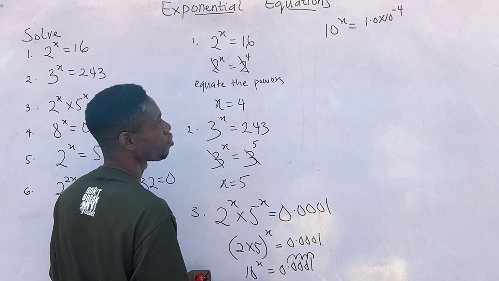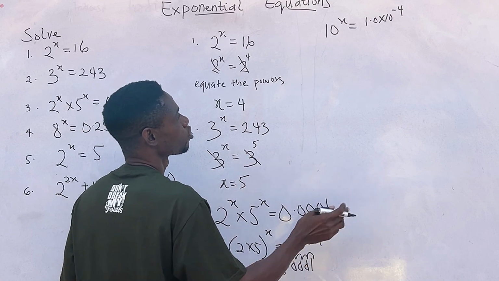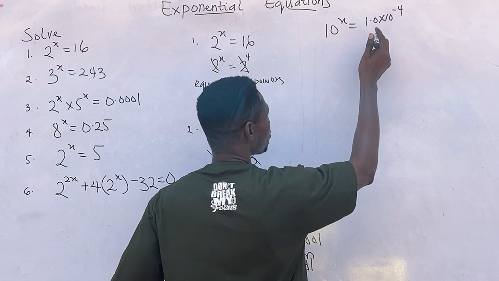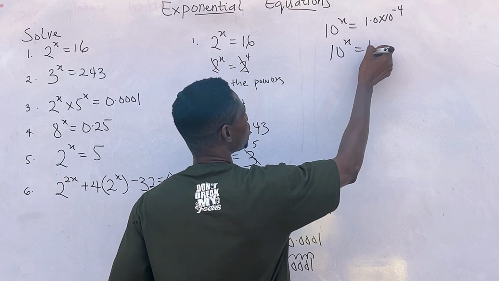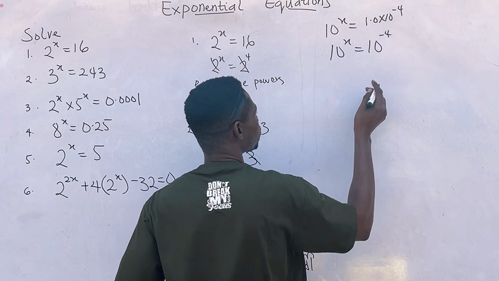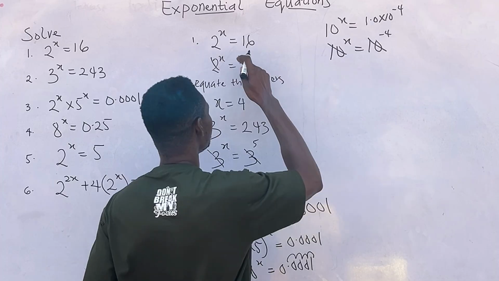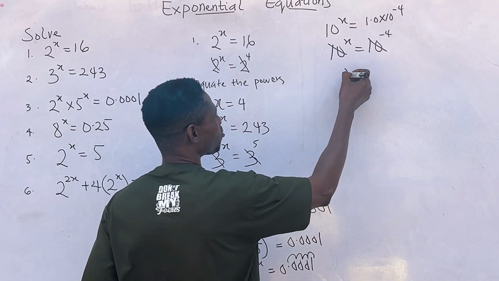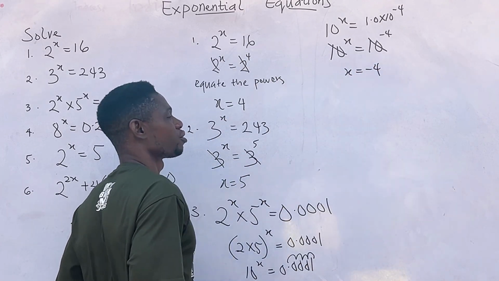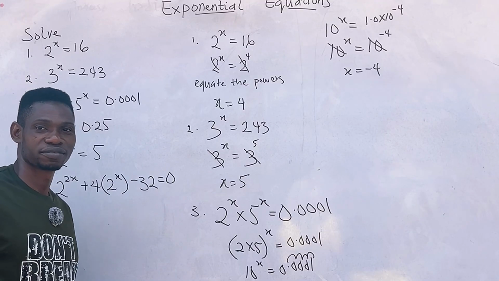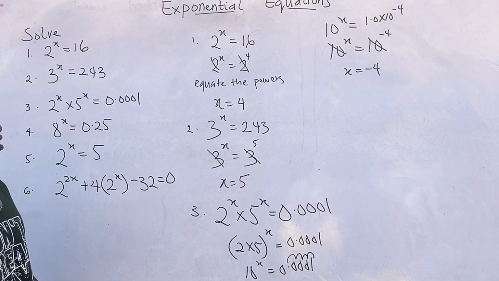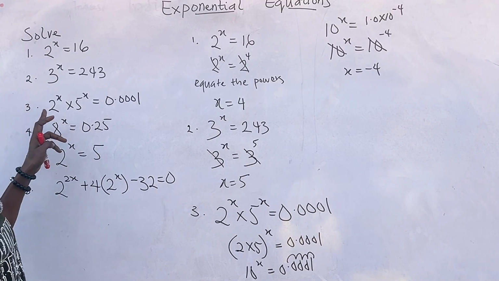That's negative 4. So 1 times anything is that same thing. So 10 raised to the power x equal to 10 raised to the power minus 4. So we can equate the powers the way we've done it here and here. So we have x equals minus 4. Alright, so that was number 3.